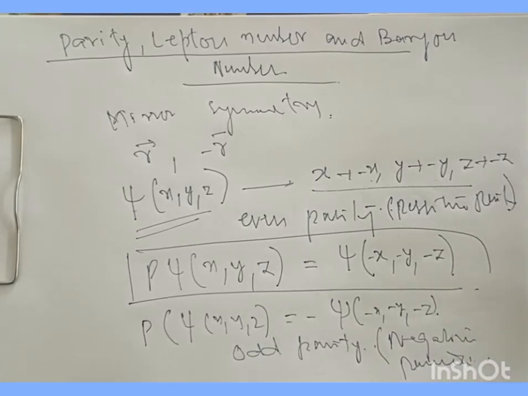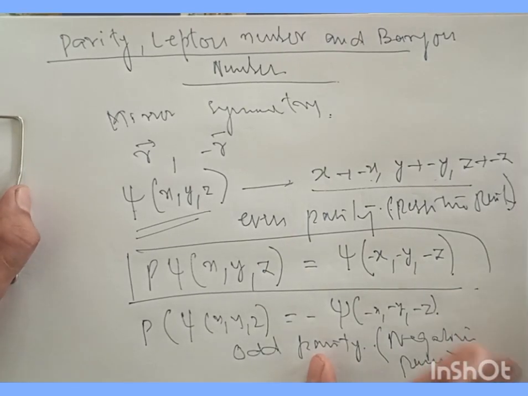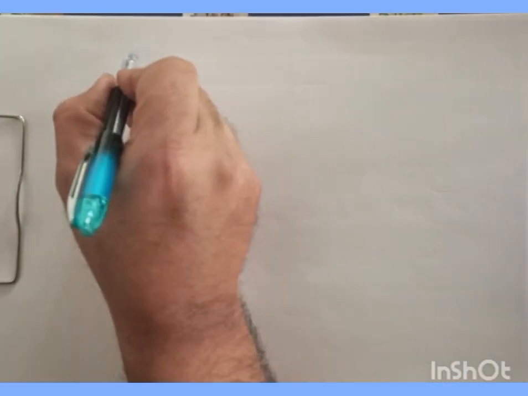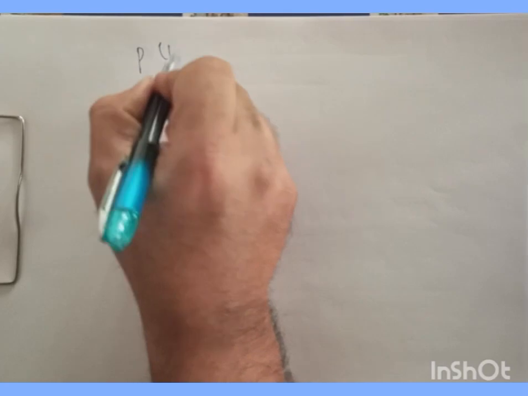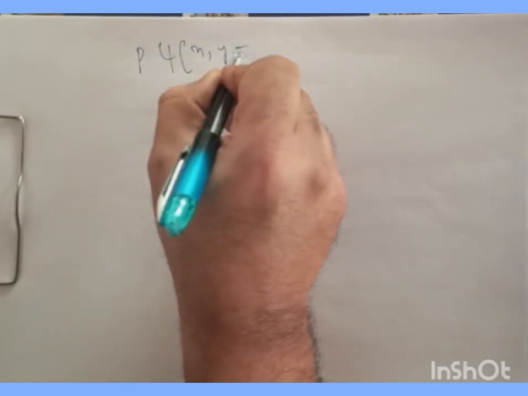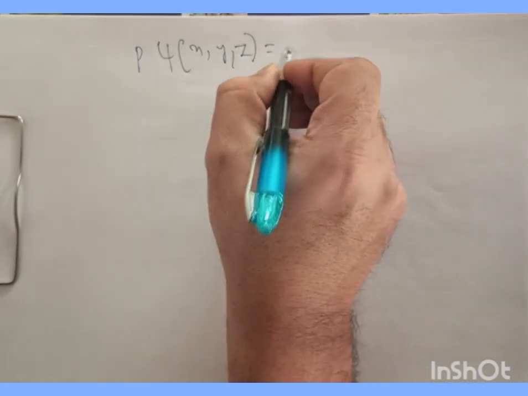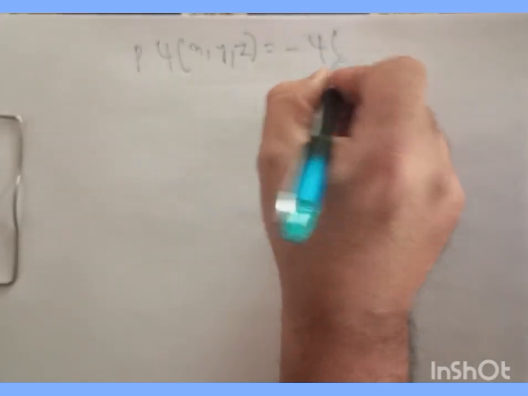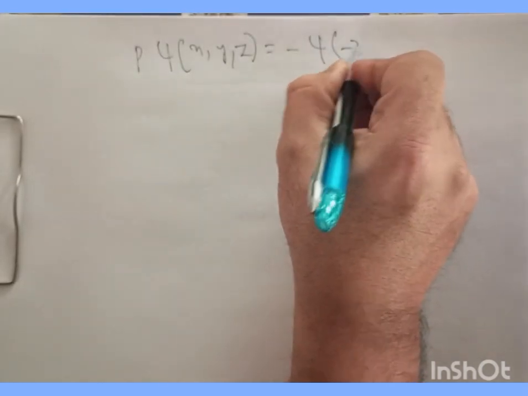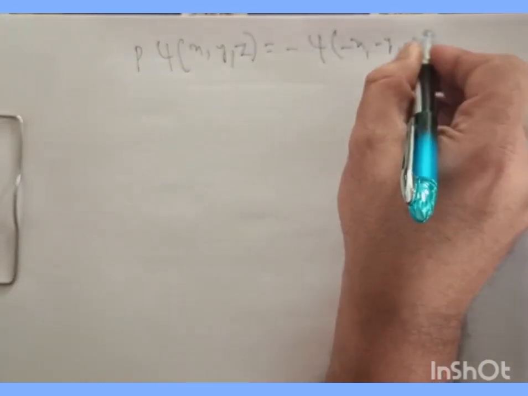Now, if this parity operator P is applied two times on a wave function, then certainly the wave function should translate back to its original form. So if I take the parity of psi of x, y, and z, suppose it comes out to be minus psi of minus x, minus y, and minus z.